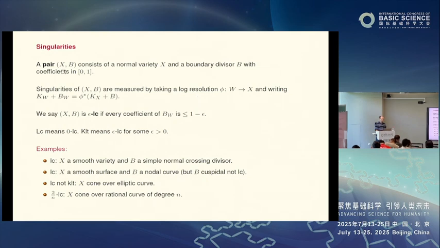So that means that if you have an algebraic variety, or more generally, if you have a pair where you have a space X together with a boundary divisor B, this B is a divisor and its coefficients are between 0 and 1. If you have never seen these things, maybe you can just ignore, although later on in the talk I will still need this notion of pairs.